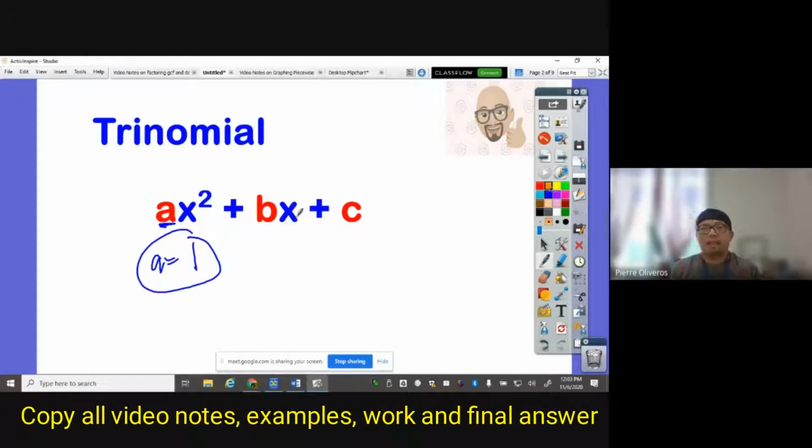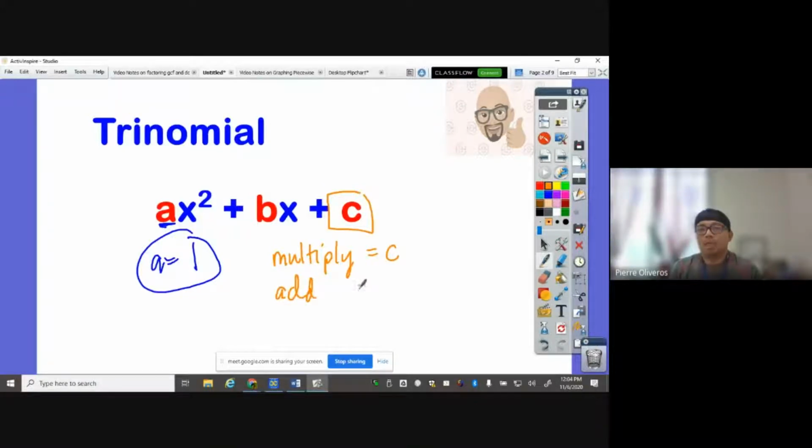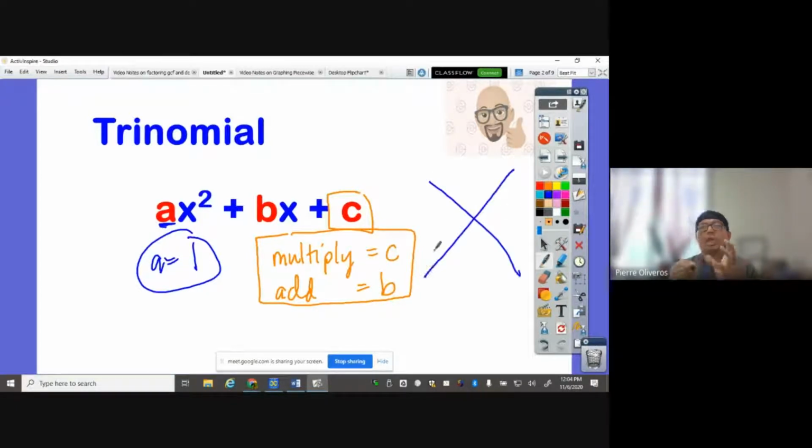Basically, the idea of factoring is that you will look for two numbers that when you multiply them is equal to C, but when you add them is equal to B, okay? That's the idea. So remember, that's the only thing that you need to know, okay? Every teacher has a different way, and one way that I can show you is this one. You draw the X form, okay?